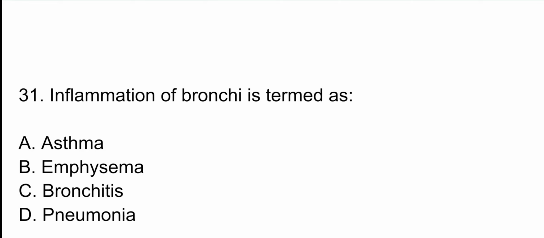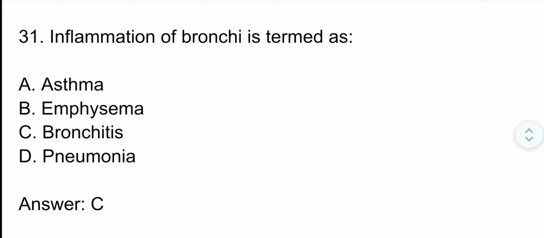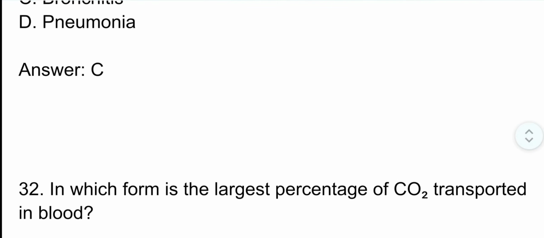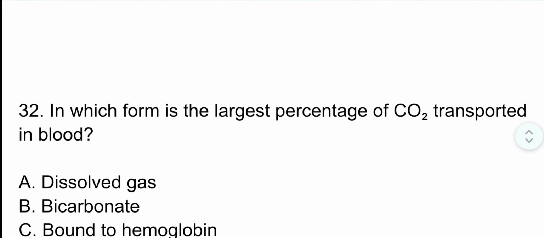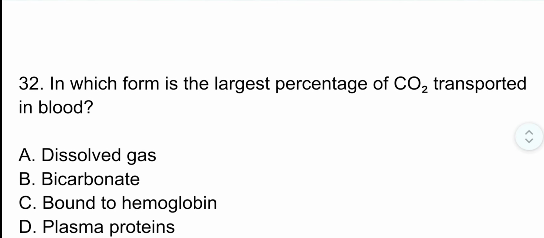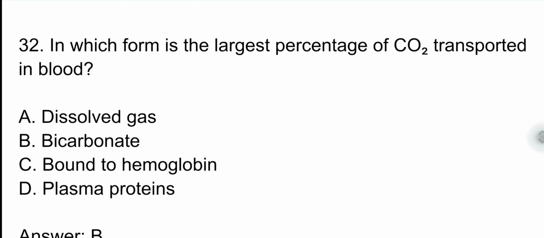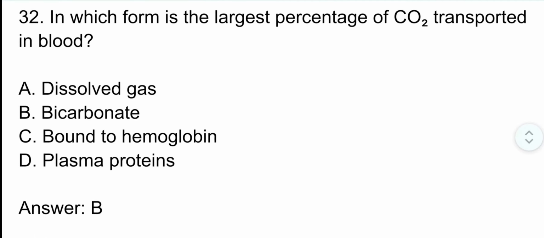The correct option is option C, bronchitis. Question number 32. In which form is the largest percent of CO2 transported in the blood? The correct option is option B, bicarbonate.